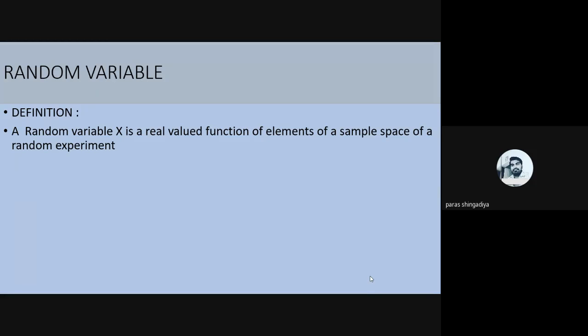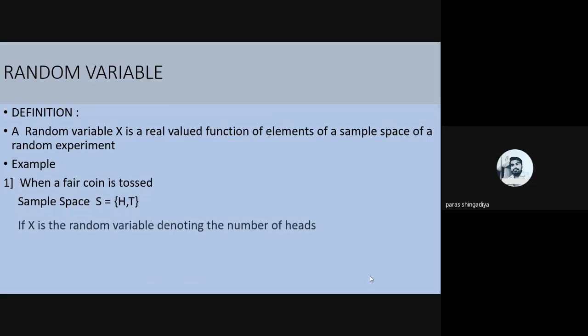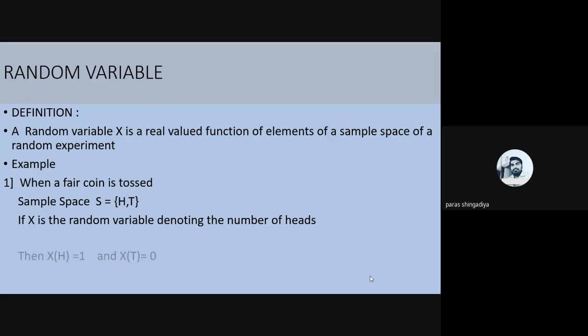Let us consider an example and then map this definition onto it. For the random experiment, you can consider any experiment. I have considered the example of tossing a fair coin. You toss one coin. What will be the outcome? Either it will be head or tail. So there are two possibilities, head and tail, and that will be your sample space.